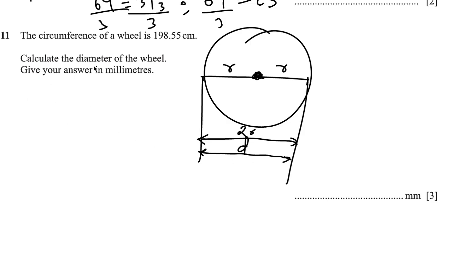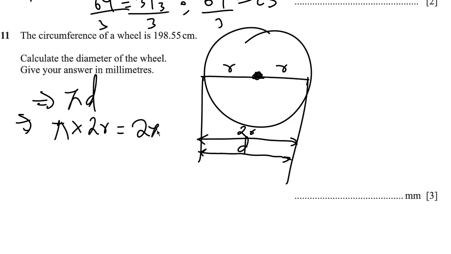It's important to note that the circumference of the circle, the perimeter of the circle, is equal to pi d. And remember, I said that d is equal to 2r. So we have the right to say that it's still equal to pi times 2r, which is 2 pi r.